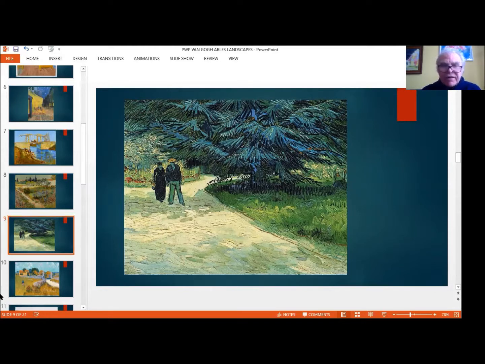And in a painting like this, we see a young courting couple in the public park in Arles. Probably, it appears, maybe late afternoon, early evening. And if you look closely, really quite large brush strokes defining these shadow areas, probably laid on with a palette knife.